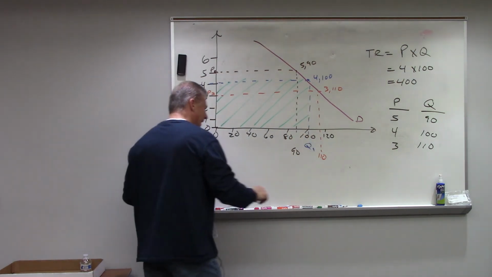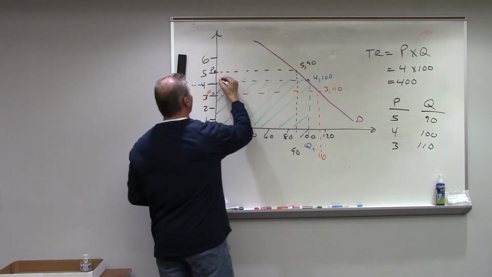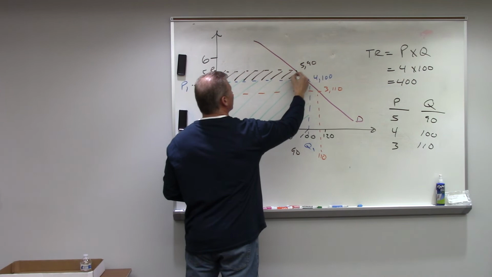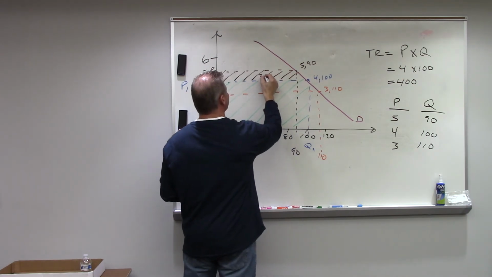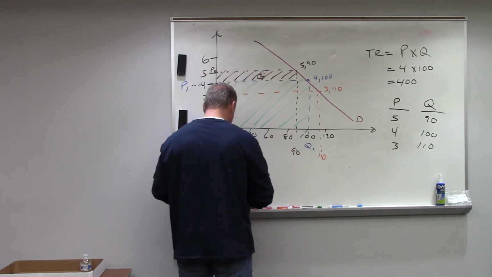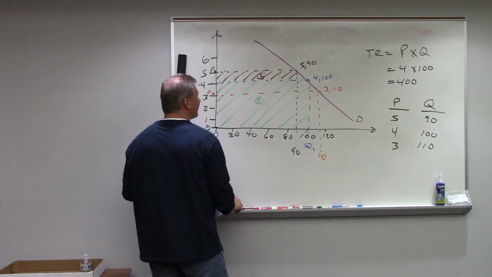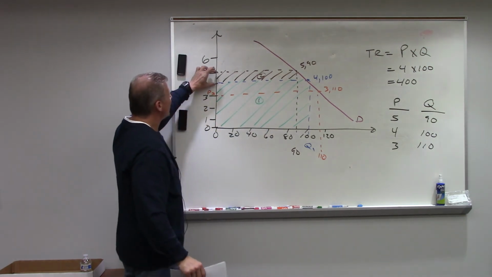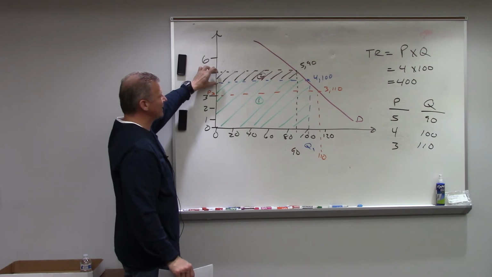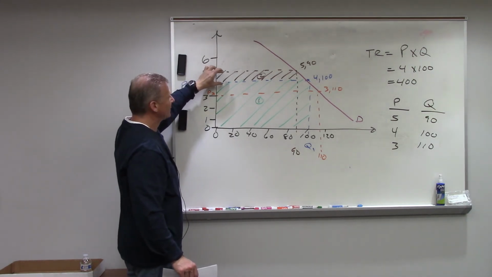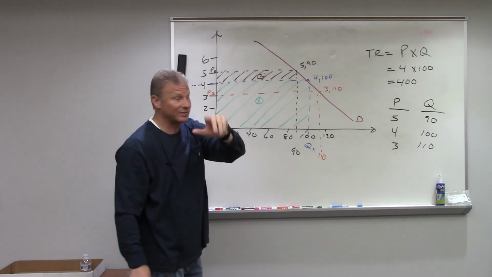Let's say we were to look at this zone. Just to make things easier, I'm going to call this zone 2. This green is zone 1. Essentially, this is the extra profit that you're getting. I'm sorry, not profit, I shouldn't have said that.